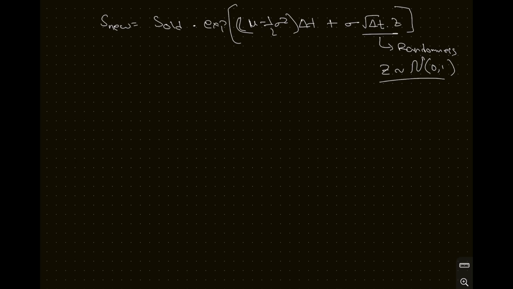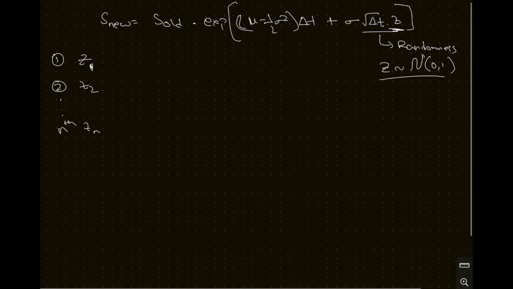And to run the Monte Carlo simulation with this model, let's say in the first scenario we generate one random number, z1, and to do the second simulation, it generates another random number, z2, and so on, up to the nth simulation, zn. So in 1000 simulations we generate 1000 random numbers and compute 1000 scenarios.